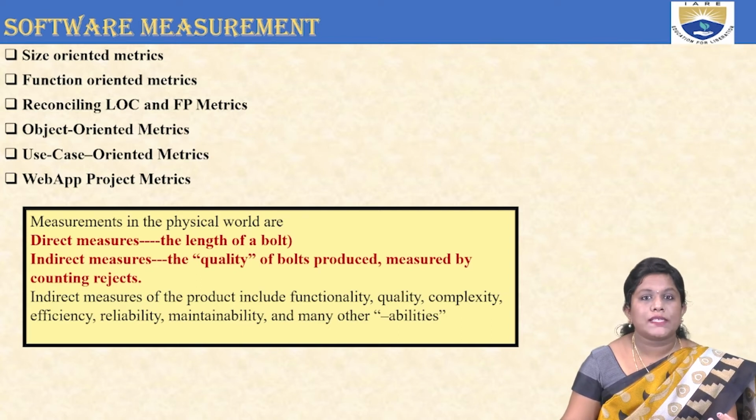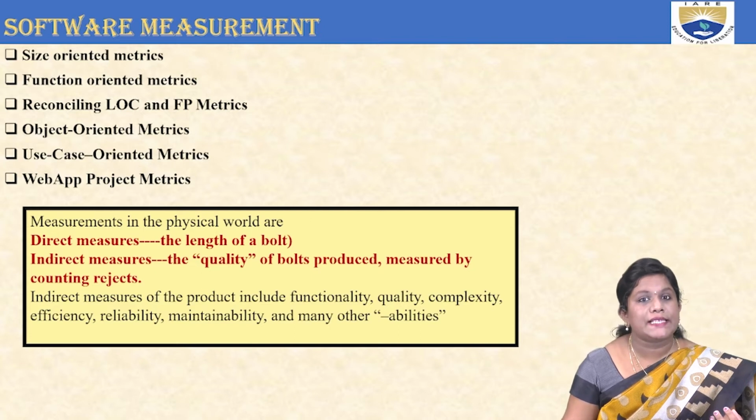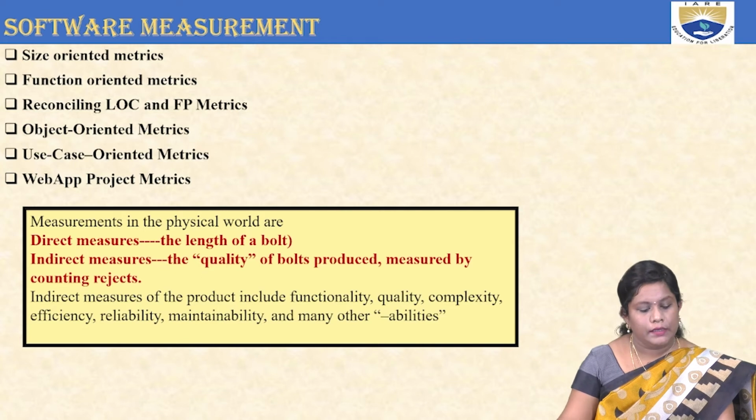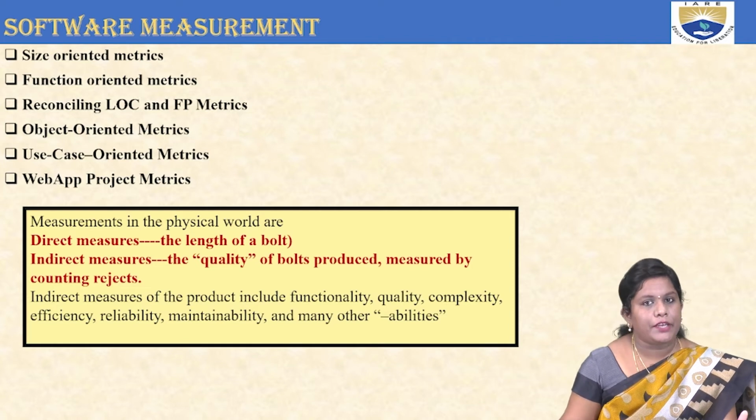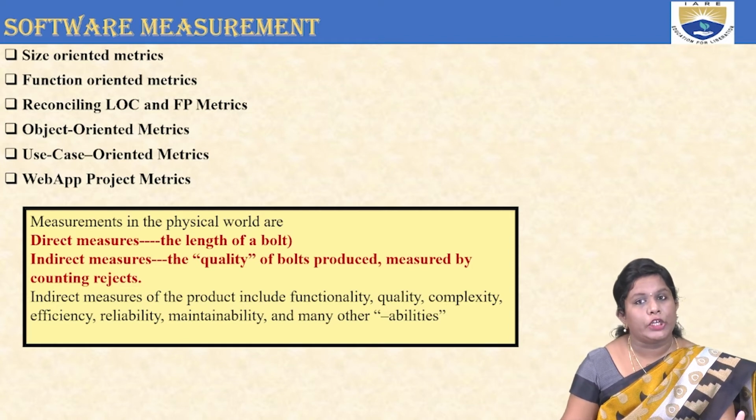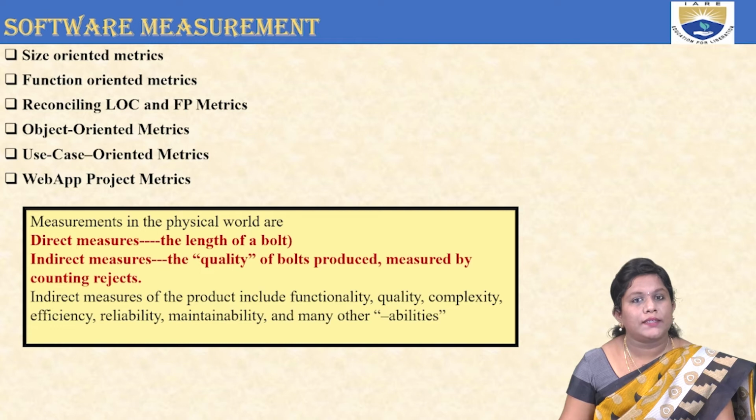That is, what is the quality of it? Is it giving us relevant results? All these features come under the indirect measures. The last point states that indirect measures of the product include functionality, quality, complexity. In simple terms, they are the things that you cannot measure at the first go.